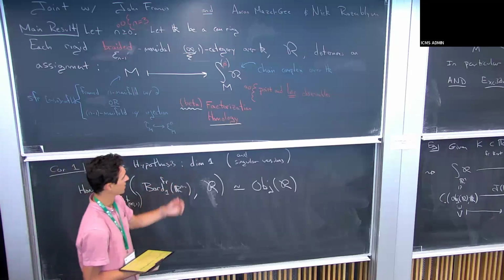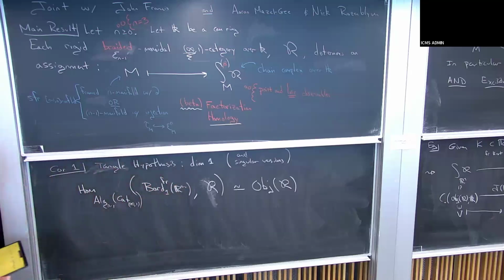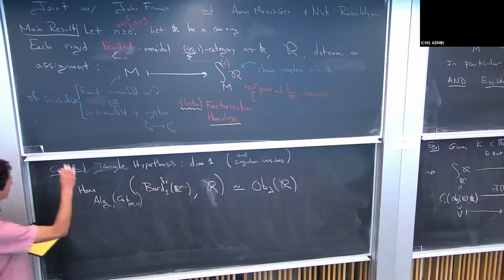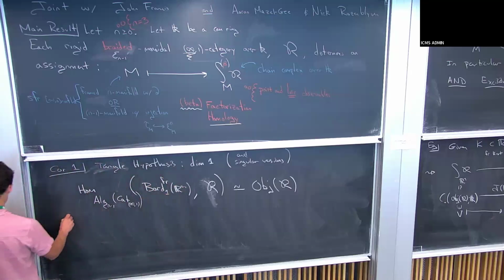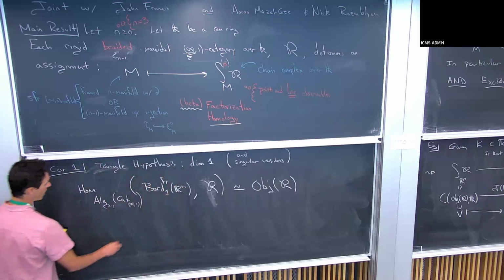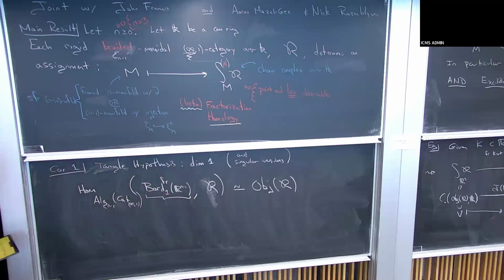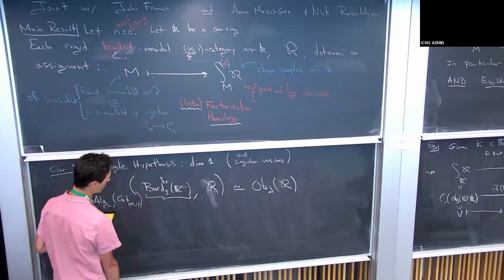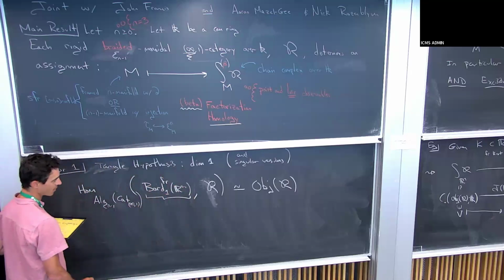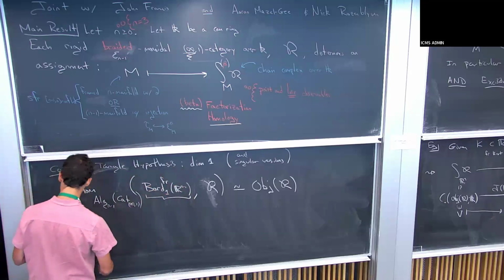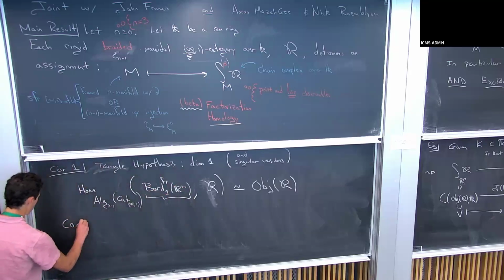I'm not stating the singular versions, but certain singular versions also follow as a corollary. If n is 3, this is a braided monoidal category, the tangle category of the different tangles.